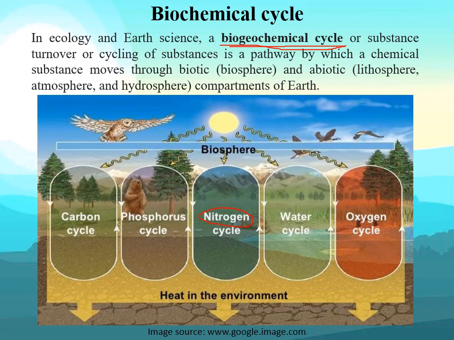Animals can get their nutrients from plants, and ultimately after their death they are again mixed up in the abiotic world. So all those things are continuously moving in cyclic processes, and it simply happens due to the geomorphologic processes happening inside as well as on the earth surface.